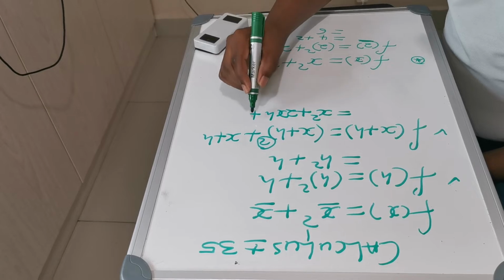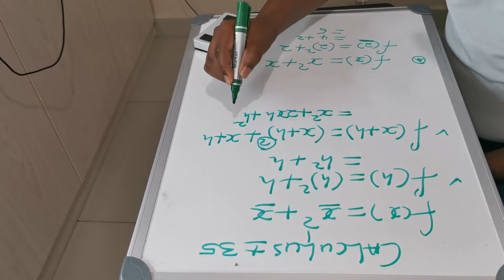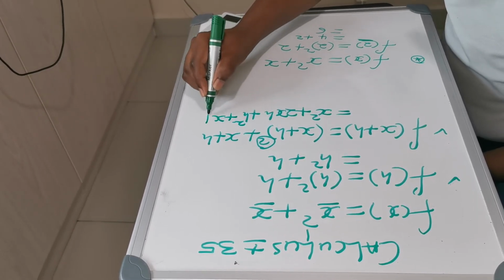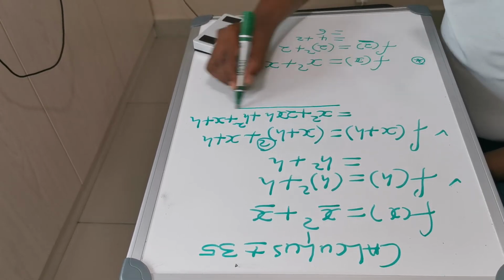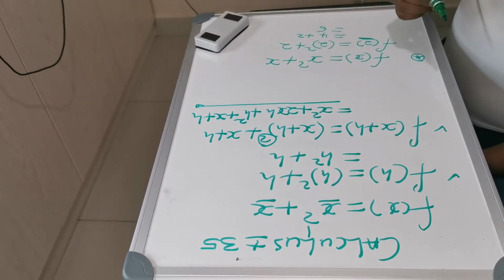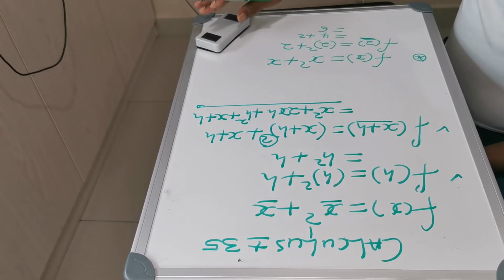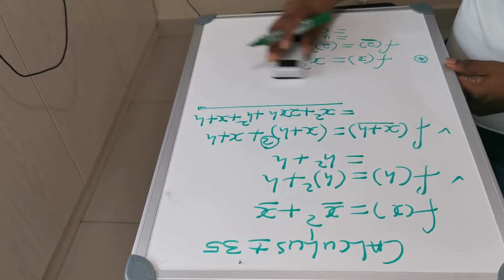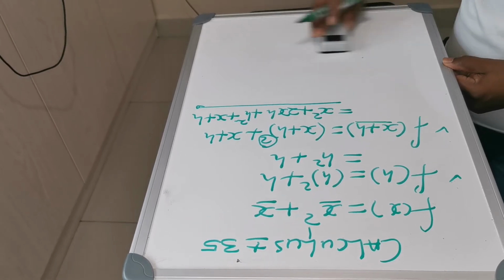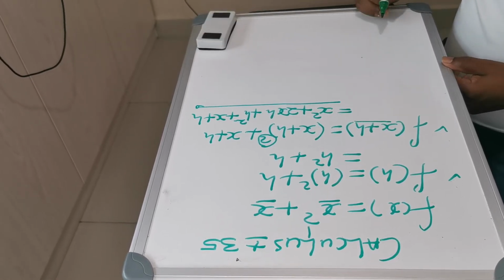Then you say h times h, obviously this will give you h squared plus x plus h. Okay, that is what we have to know, which says where there is x, you put x plus h. That is what is important. So that's the basic that you need before we do what we call first principle.